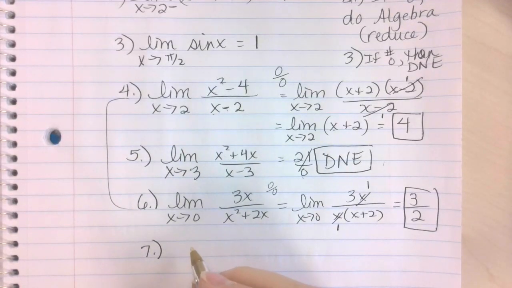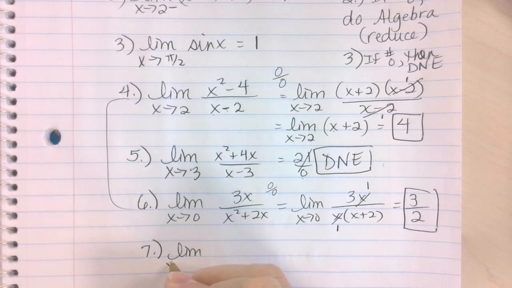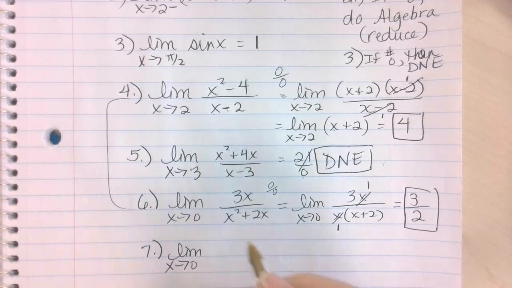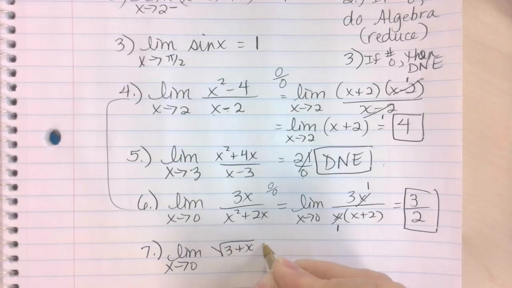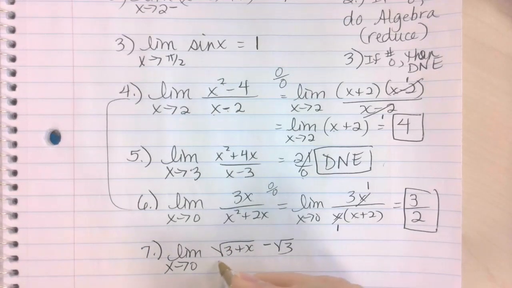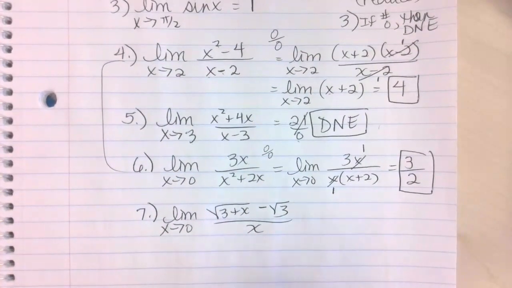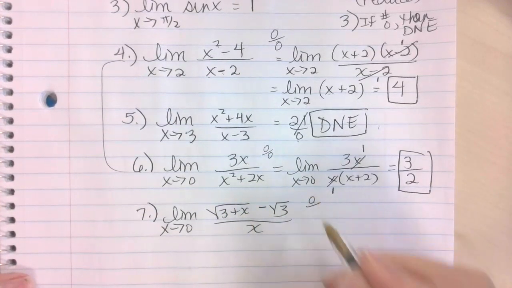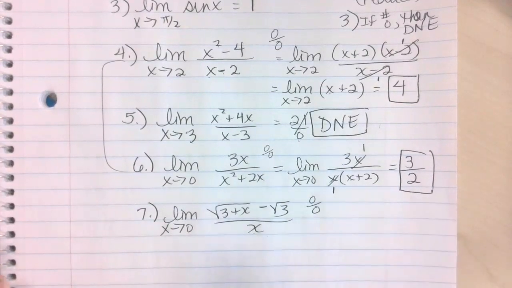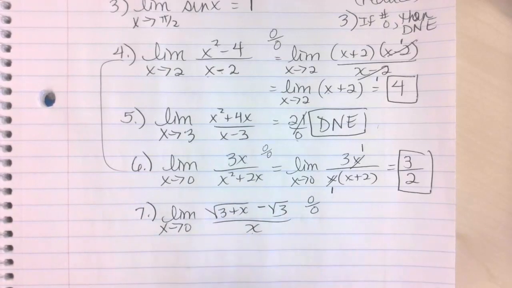Now, that algebra extends a little bit. What if I have this weird thing? Plug in the 0. 3 plus 0 is 3. The square root of 3 minus square root of 3 is 0 over 0. But what in the heck could be factored out?